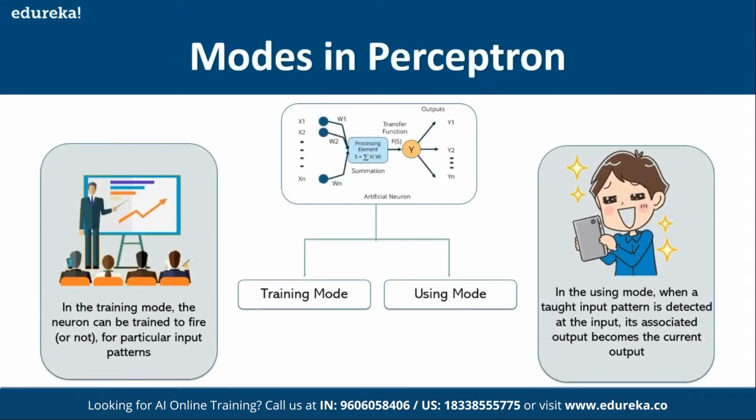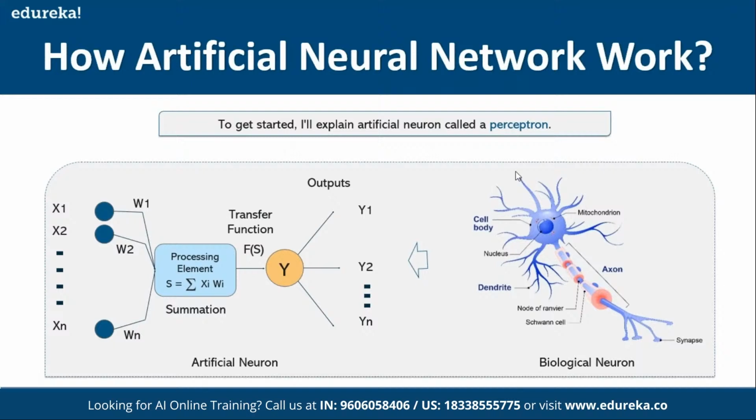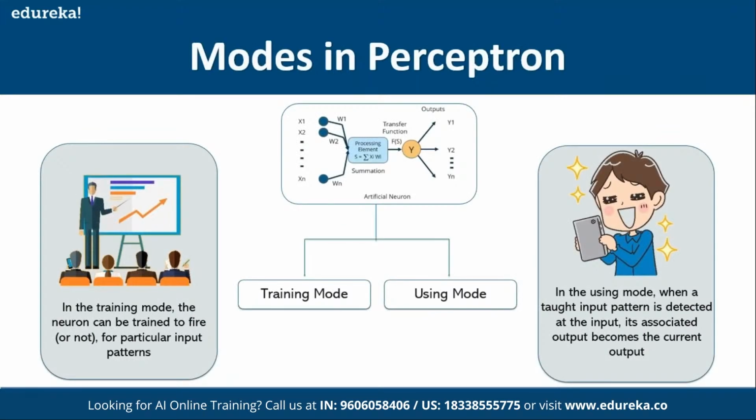There are various modes in a perceptron. Whatever we call the artificial neuron is called a perceptron. One is the training mode and the other is the using mode.